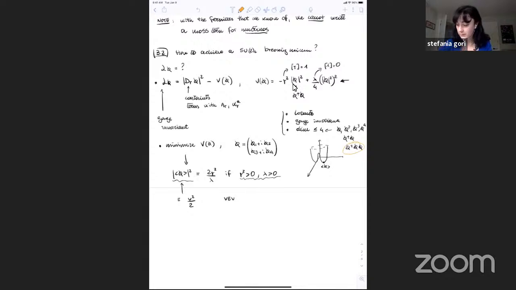So if you impose gauge invariance, you will see that these are the only 2 terms that you can write down in your scalar potential. And then in front of these 2 terms, I'm putting some coefficients that in principle I don't know. There can be anything at this point of the discussion. I just know what is the mass dimension of these coefficients in front.